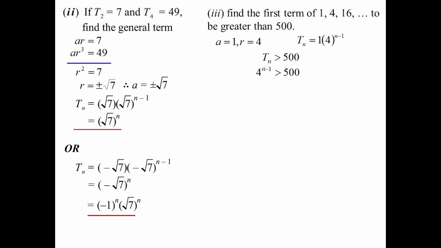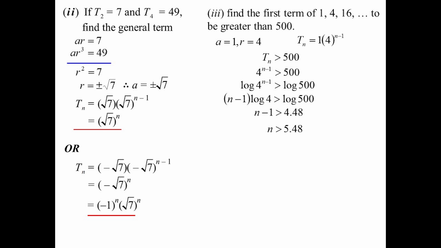Two ways you could solve this: trial and error, and substitute numbers in and see what happens. But of course, a more efficient way of doing it is to log. Log both sides. So log of 4 to the power of n minus 1 allows us then, by our log laws, to bring n minus 1 to the front. So n minus 1 log 4 greater than log 500.